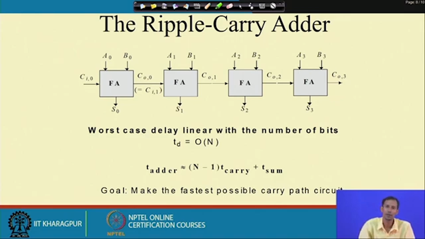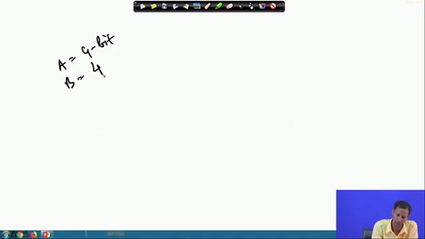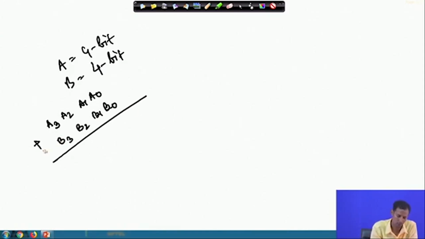So, if I consider A of 4 bit and B of again 4 bit, that is A3, A2, A1 and A0, and B3, B2, B1 and B0. I have to add these two numbers.